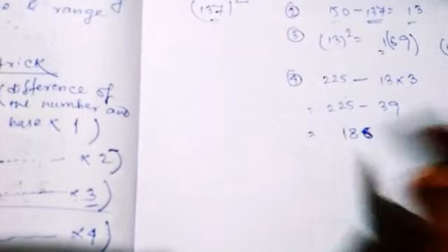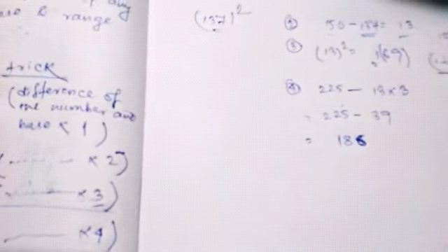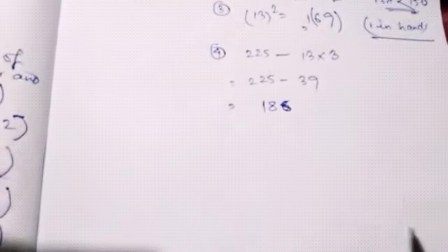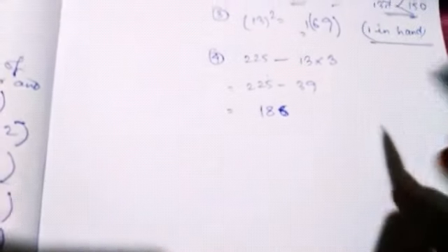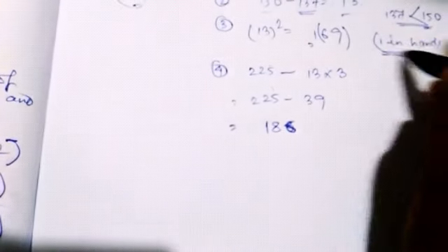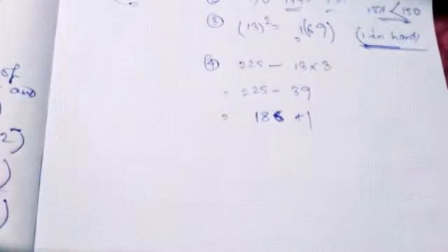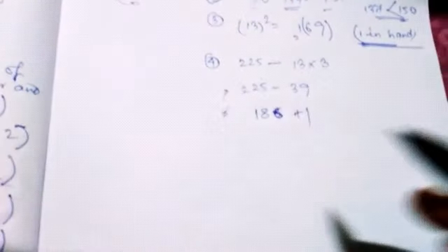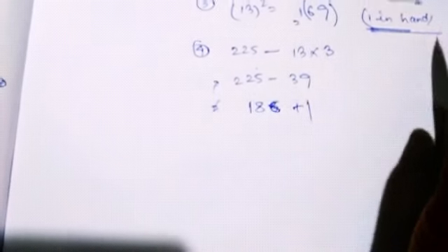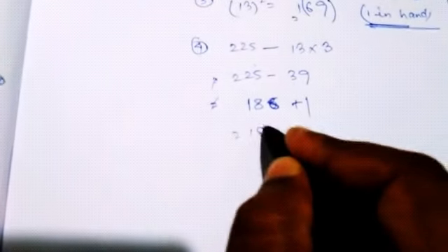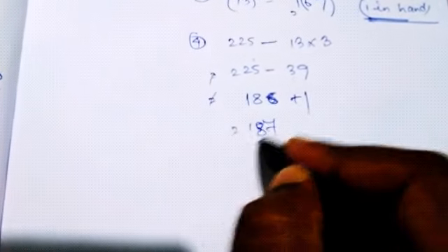That is 186, and here it was 1 in hand. Here 1 should be added. 1 was in hand and it should be 187.